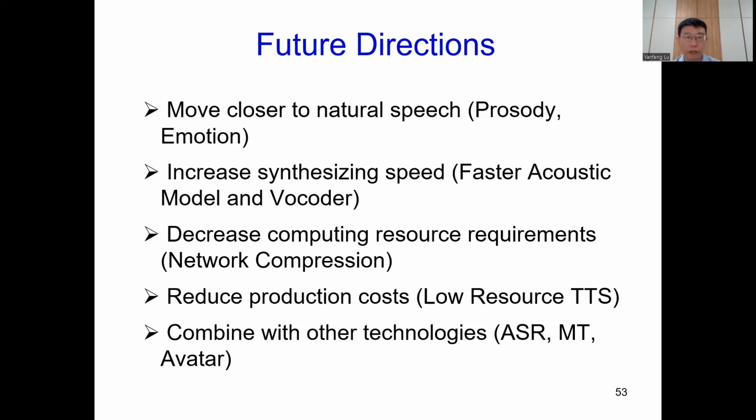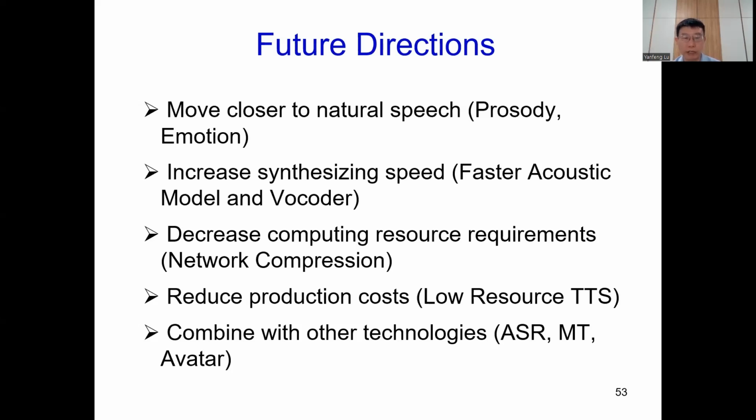The fourth direction is to reduce production costs. Again, neural TTS requires a large amount of speech data, and creating a large speech data set is very expensive because we need to hire higher quality speakers and use higher quality recording studios to build a speech data set.